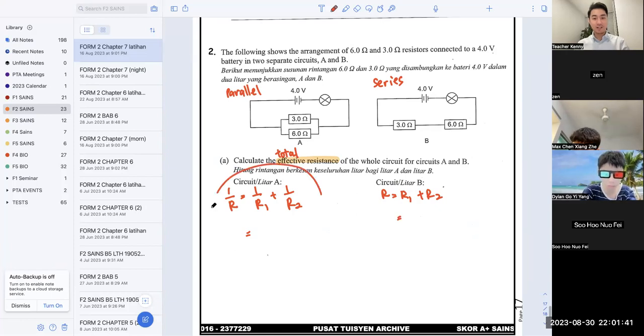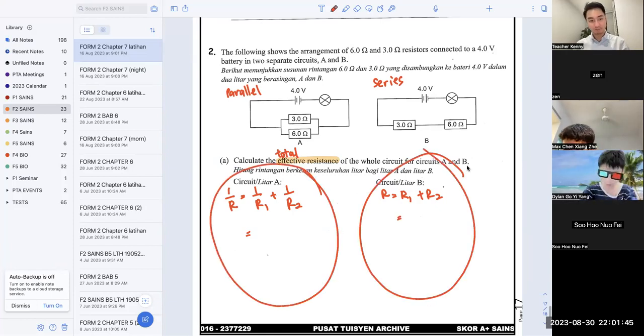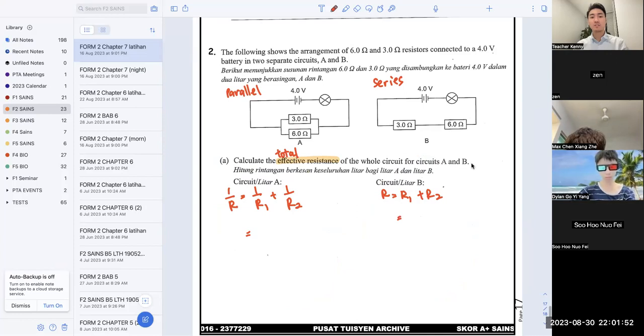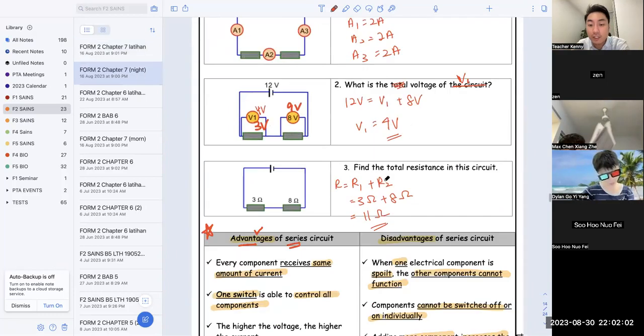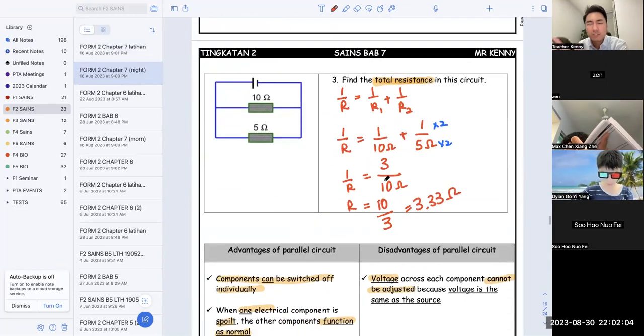Norfei and Dylan give the answer for this. Max and Zenyu give the answer for this. Flip at the notes and see. If you need help, I give you a guide already on this page.